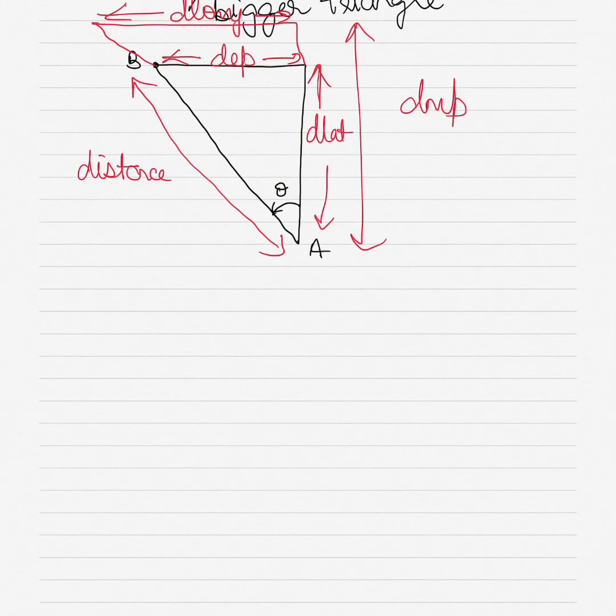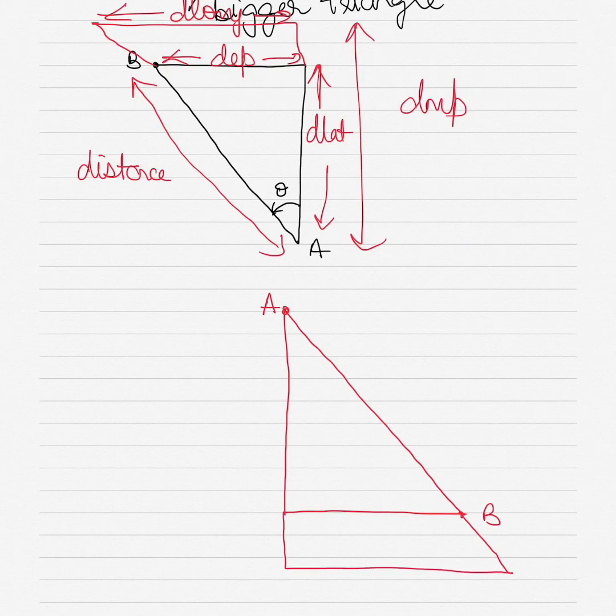Alright, so whether it's northeast, northwest, it could be southeast or southwest. I can draw a southeast diagram for you as well. You go southeast here. This is A, this is B. You do the same thing. You will extend it. And this distance, the smaller distance, becomes d lat.